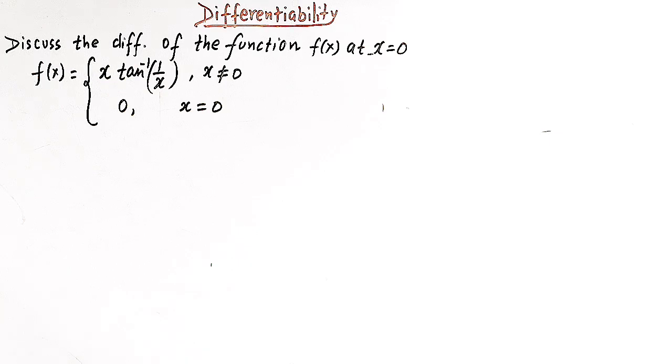So for testing the differentiability of a function at a given point, we have to find out the right hand derivative and the left hand derivative. So here we'll see how we'll find the right hand derivative and left hand derivative using the concept of limits. So let us start.